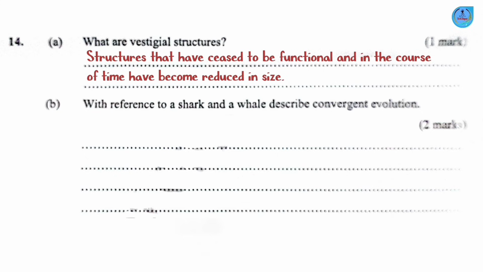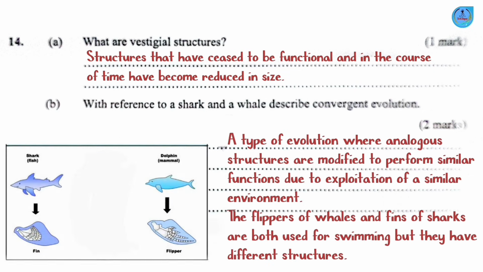Now, despite having different ancestry, they have evolved features that have adapted them for efficient movement and survival in aquatic habitats. A good example of such a feature is the presence of fins. Both have fins and they use them to propel themselves through water.